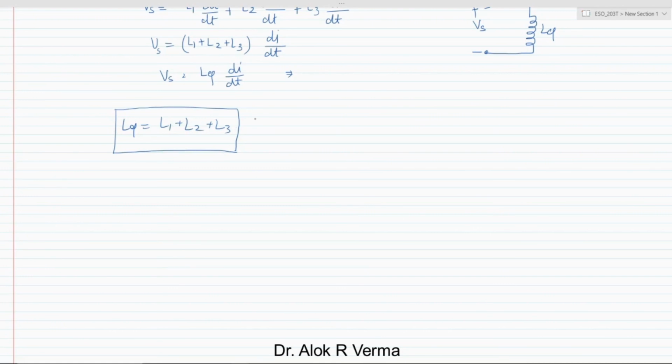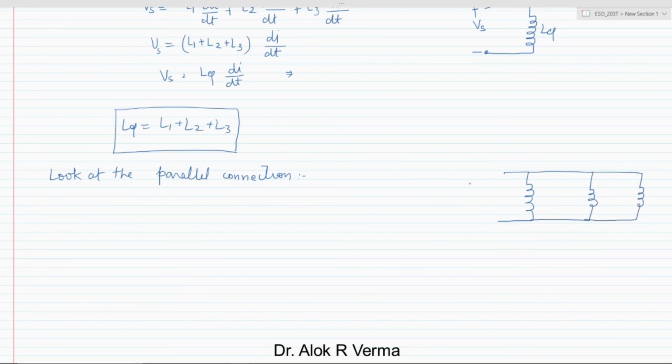Now look at the parallel connection. So this is a very important finding. When we talk about the parallel connection, let us have a set of 3 inductances, one, then another one, and then one more, and across them the voltage applied is Vs. The total current is I, but here it is going only I1, here it is I2, and then it is I3 in the inductances L1, L2, L3.